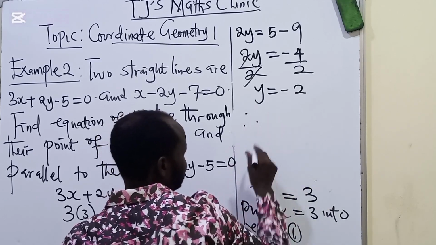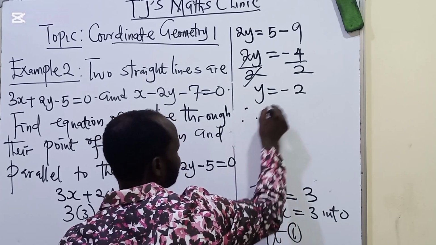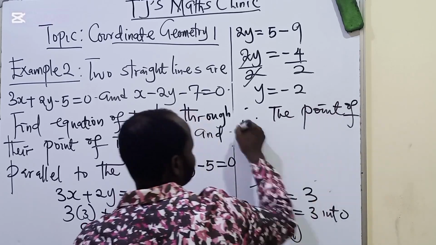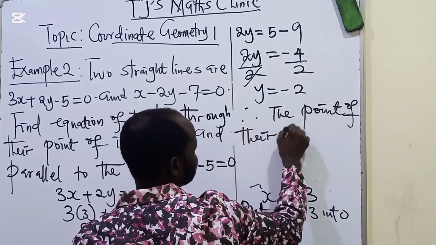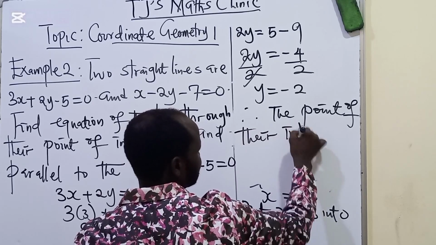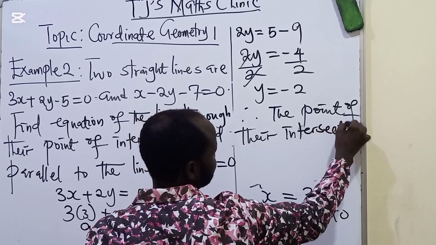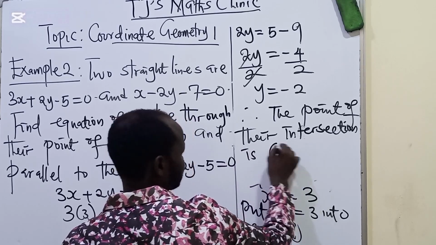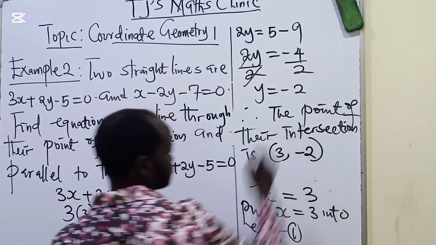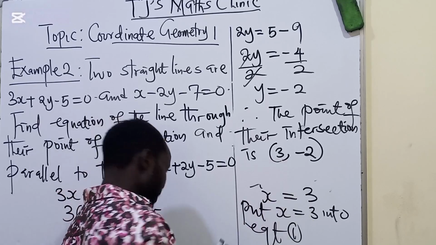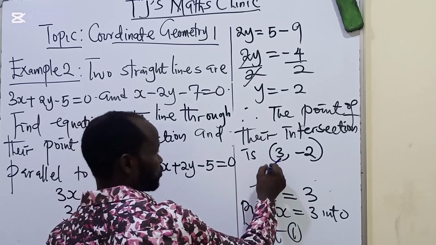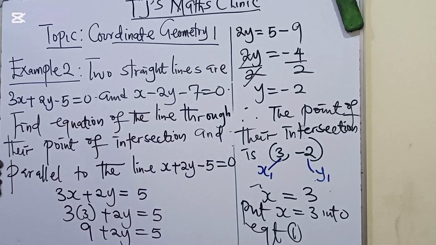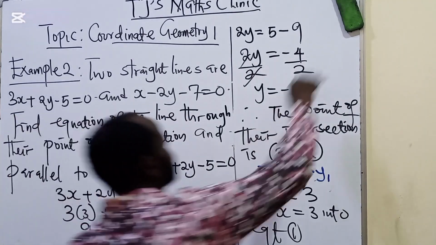Therefore, the point of intersection is 3 comma minus 2, and this will be our x1, and this will be our y1. Very important. We need this point of intersection.